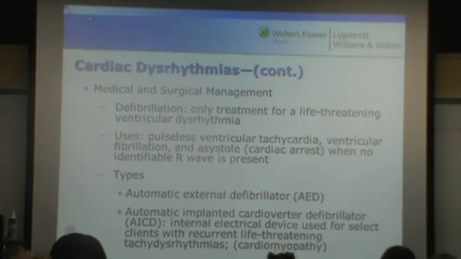So they implant this, and it's constantly monitoring your heart. When they go into this V-tach, or whatever the tachydysrhythmia happens to be, it delivers a shock. And because it's just like a pacemaker, the electrodes are embedded directly into the heart muscle itself, so it's delivering very low voltage. Now they can feel it, it hurts.